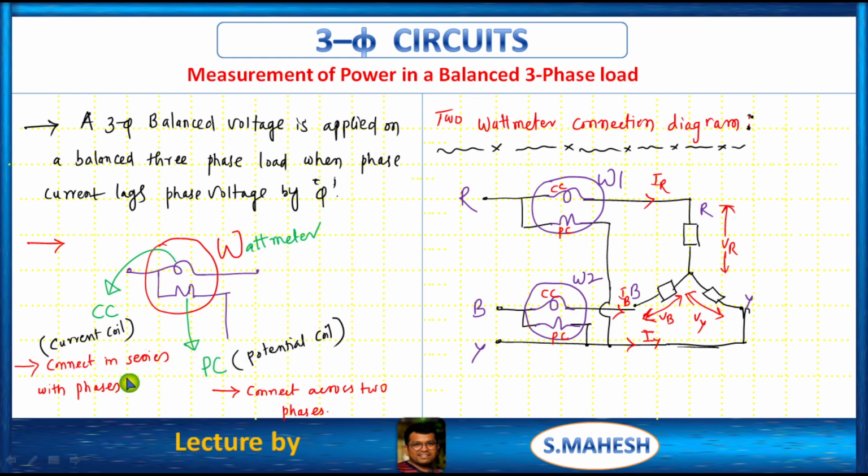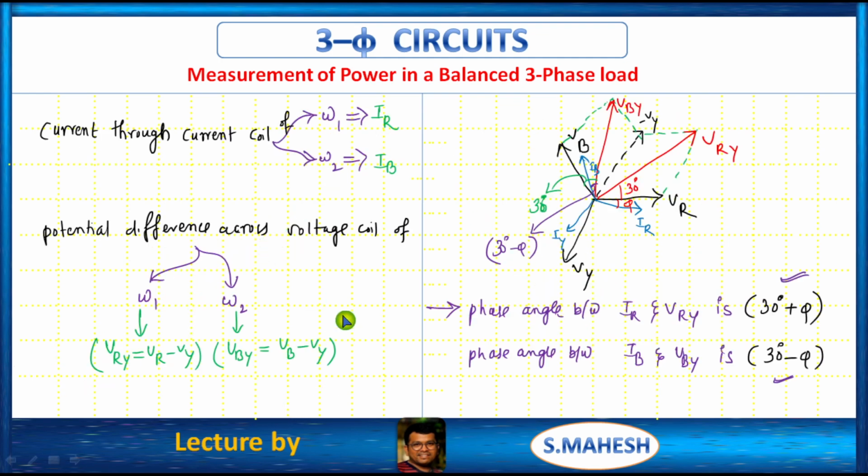The current coil is connected in series in the phases, and the potential coil is connected across two phases. So this is the connection diagram. Here we are providing the wattmeters between R and Y, and between B and Y. Clear? So the current coil measures the currents IR and IB, and the PC measures the voltages VRY and VBY.